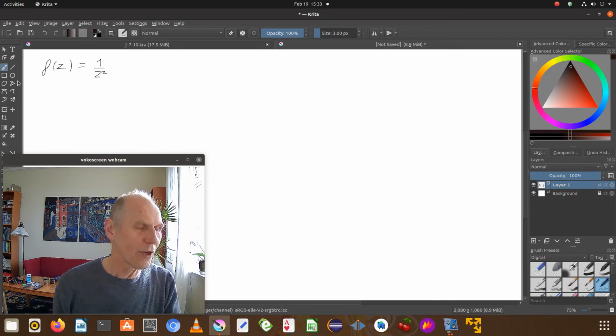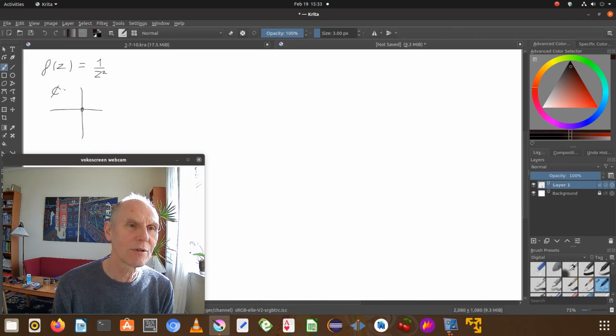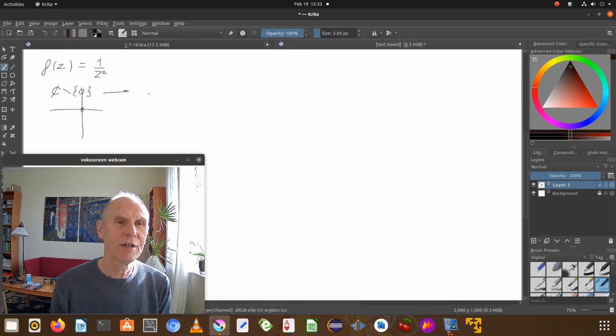Now, we then have the complex plane minus naught, and map it into f of z, the derivative.